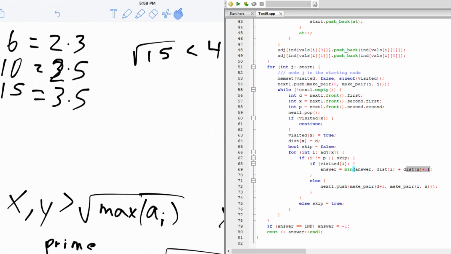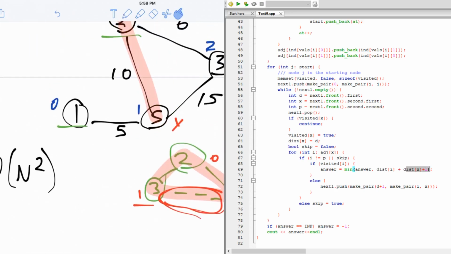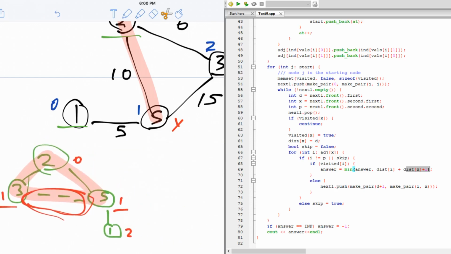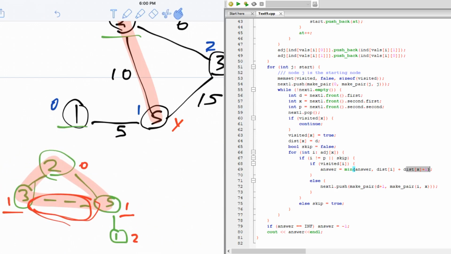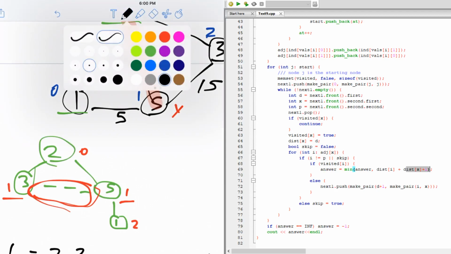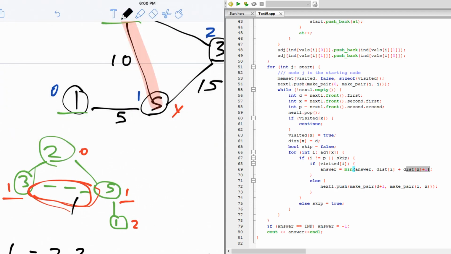If we move up to, you know what, let's just move this graph here over. Okay, so if we move to this here, what basically happens is if we've already visited I, right?